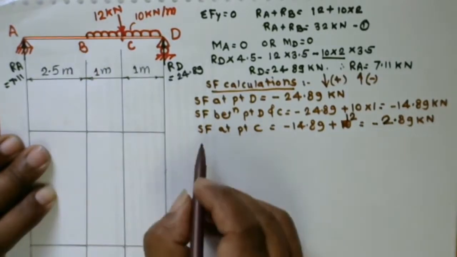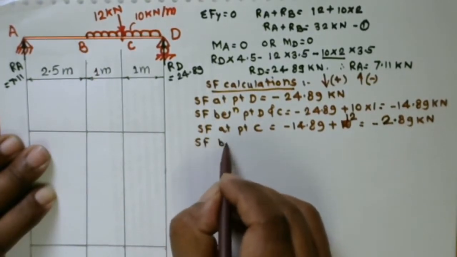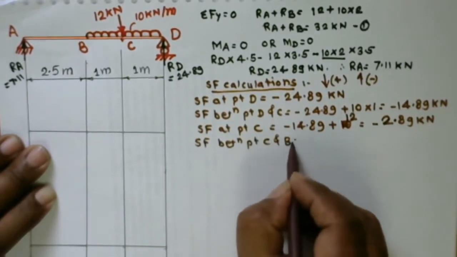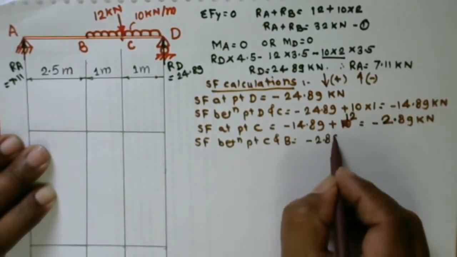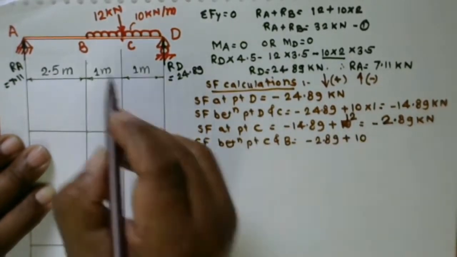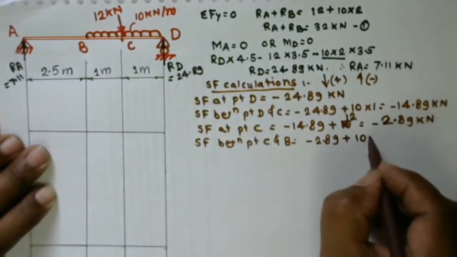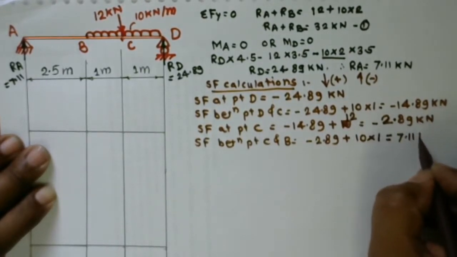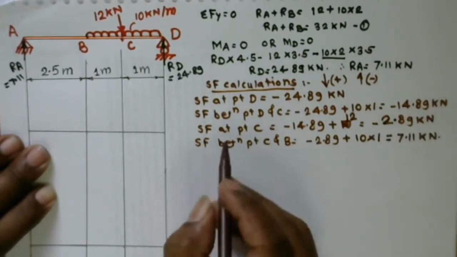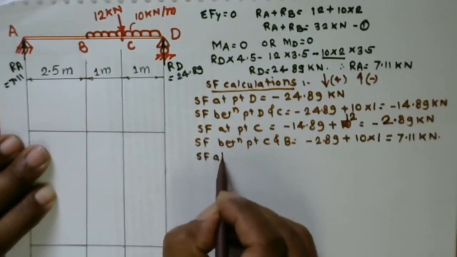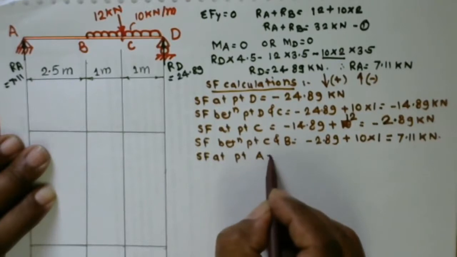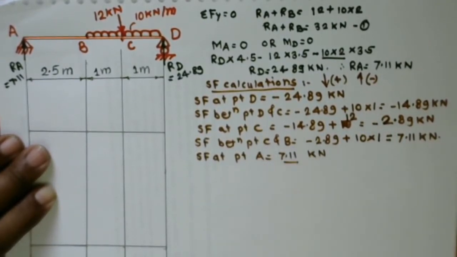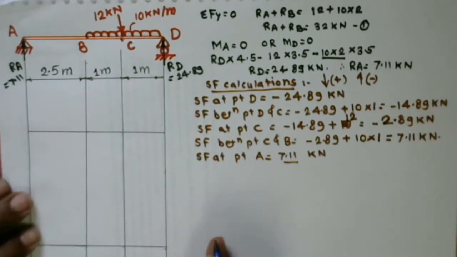Between points C and B, again a UDL is acting, so shear force between C and B is again minus 2.89, UDL rate is given as 10, its span is again 1 meter, so 10 into 1, so this value becomes 7.11 kilonewton. Now shear force at point A is equal to 7.11 kilonewton.